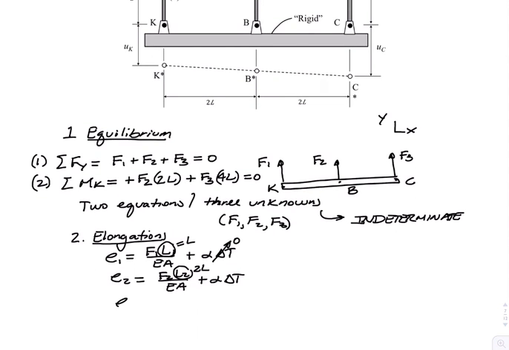And e3 is F3 L3 divided by EA plus alpha delta T. Again, rods 2 and 3 have their temperatures changed by the same amount delta T, and L3 here is also equal to 2L.